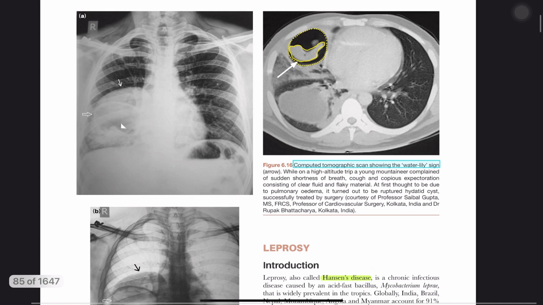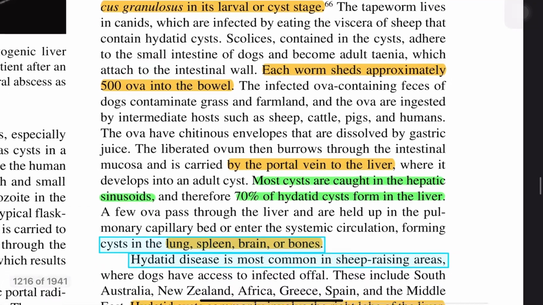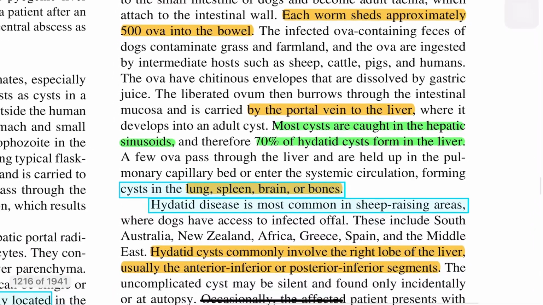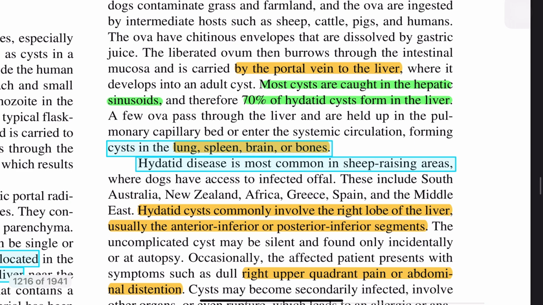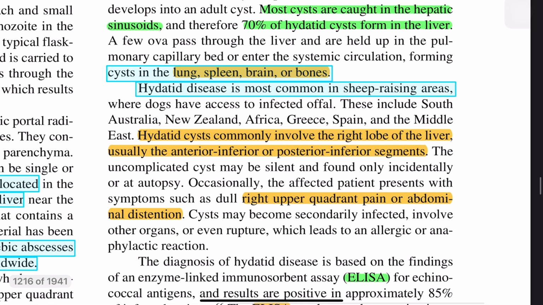Any important point from Schwartz? Cyst can also present in lungs, spleen, brain, and bone. Already told, hydatid cyst is most common in sheep-raising areas.